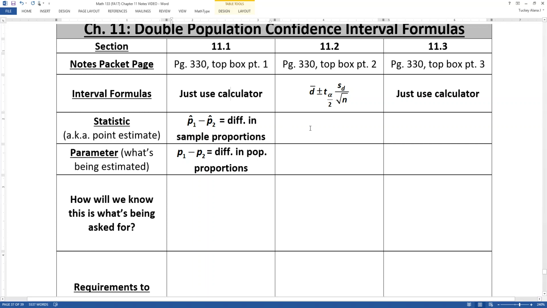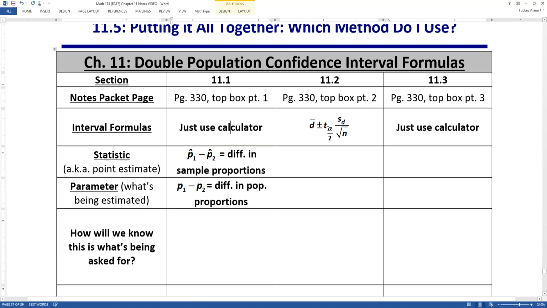Okay, now the same thing is true for the difference in matched pairs. With matched pairs, we use the d bar, the mean of your differences, to estimate where you think the mu for the differences is.